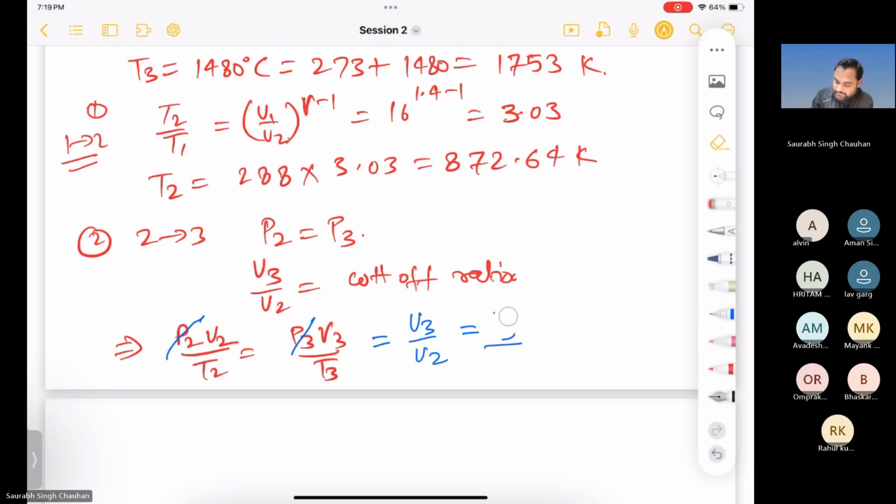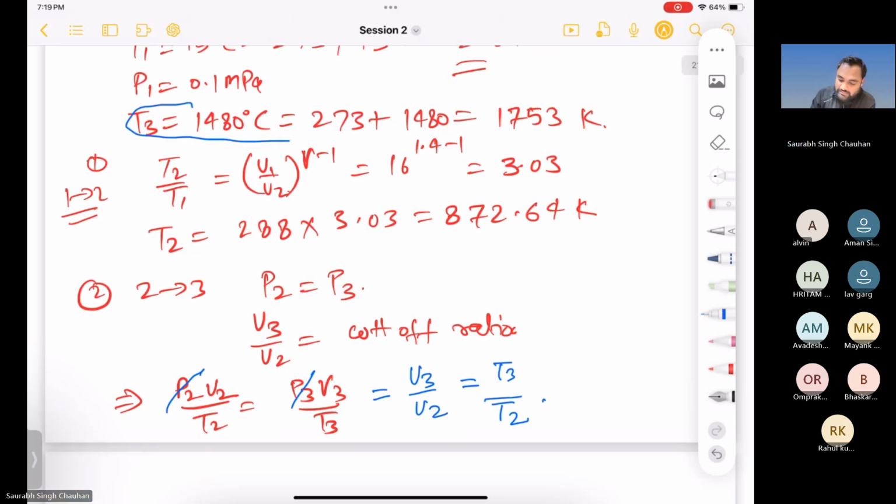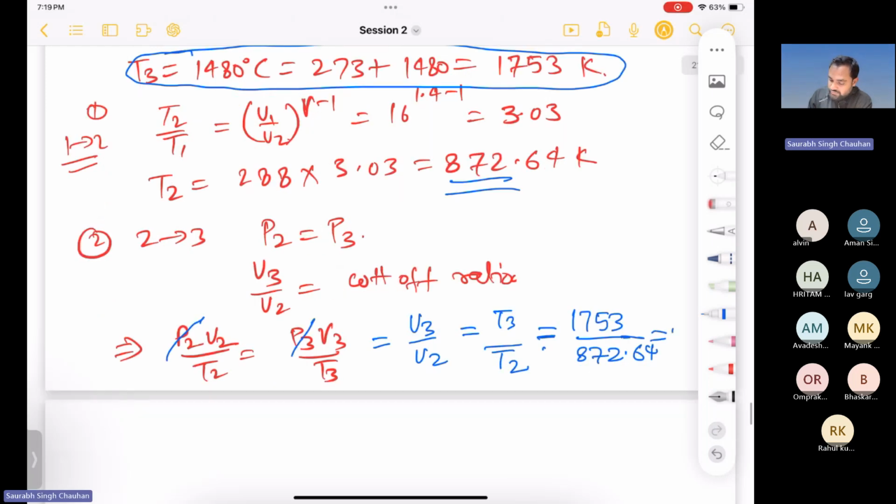T3 was given in the question, 1753. T2 we have calculated, it is 872.64. So the cutoff ratio is 2.